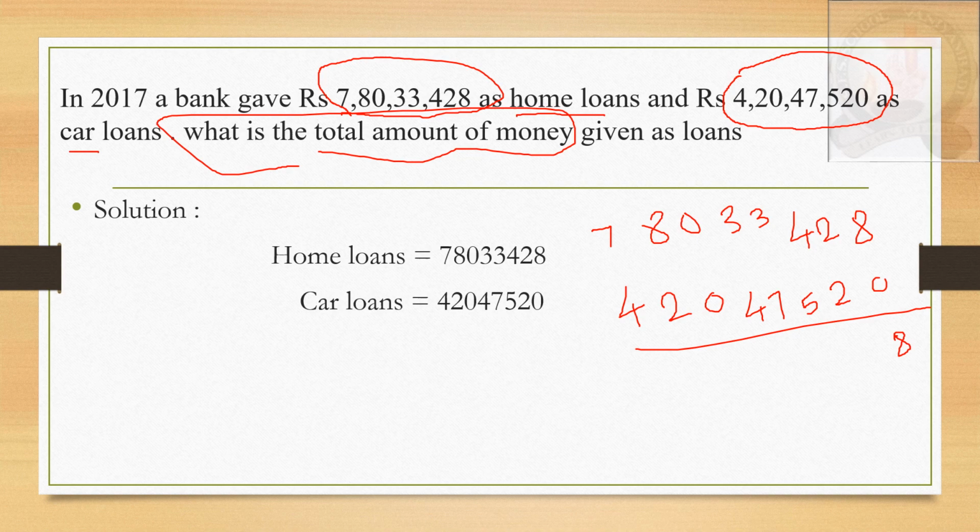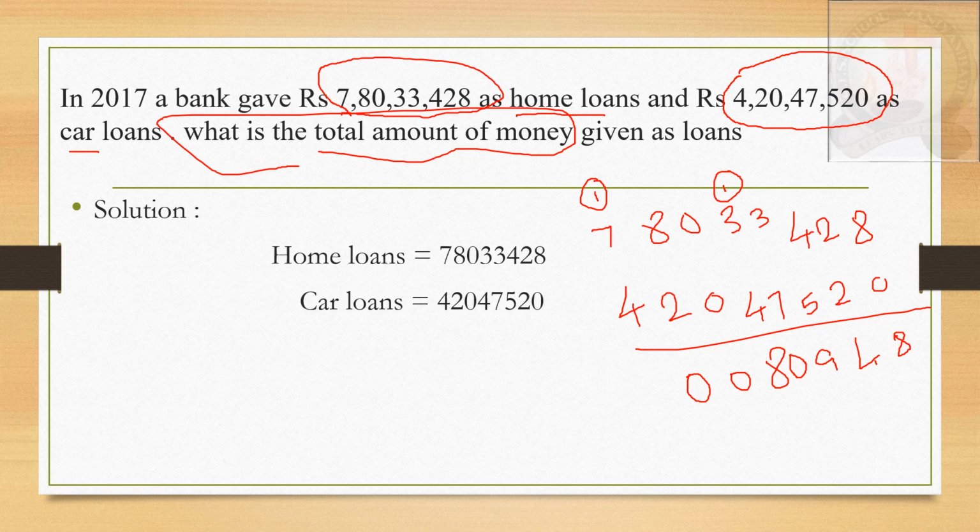8 plus 0 is 8, 2 plus 2 is 4, 5 plus 4 is 9, 3 plus 7 is 10. For 10 you write 0 and carry 1 to the next digit. So 1 plus 3 is 4, 4 plus 4 is 8. Next 0 plus 0 is 0 and 8 plus 2 is 10. For 10 you write 0 and carry 1 to the next digit.